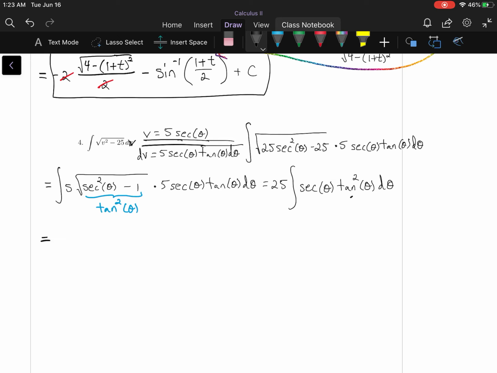All right, so that means we have 25 times the integral of secant theta times secant squared minus 1. So it's going to be secant cubed theta minus 1 times secant theta d theta.